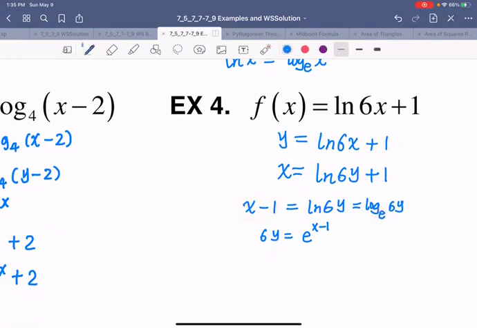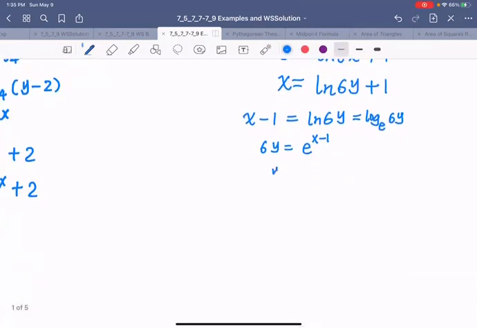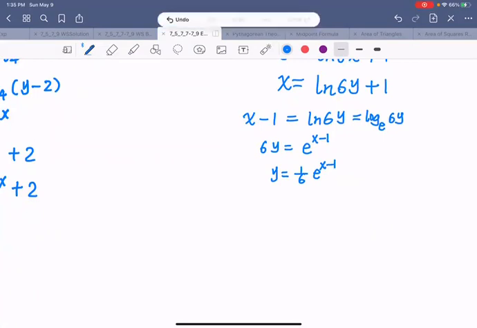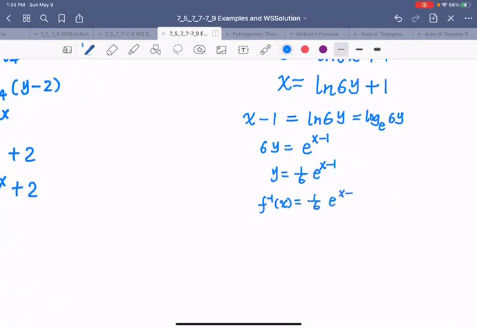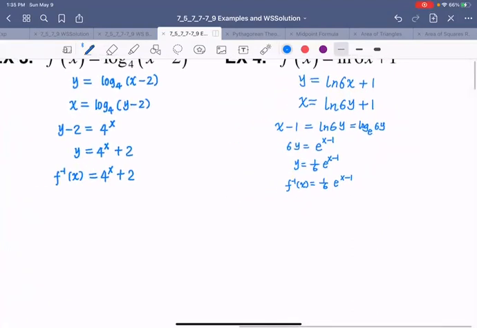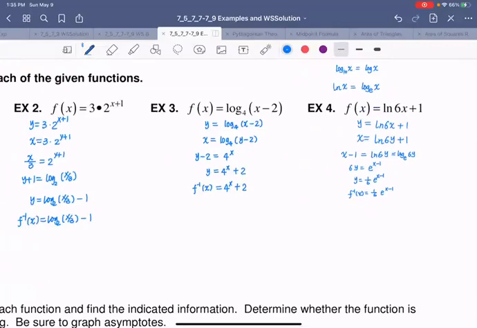And then you write down y equals 1 over 6 times e to the power of x minus 1. And then next step, you write f inverse. Okay, that's it. Does this make sense now?